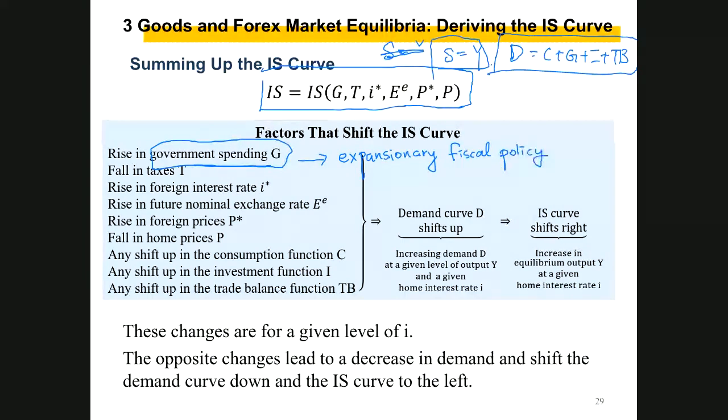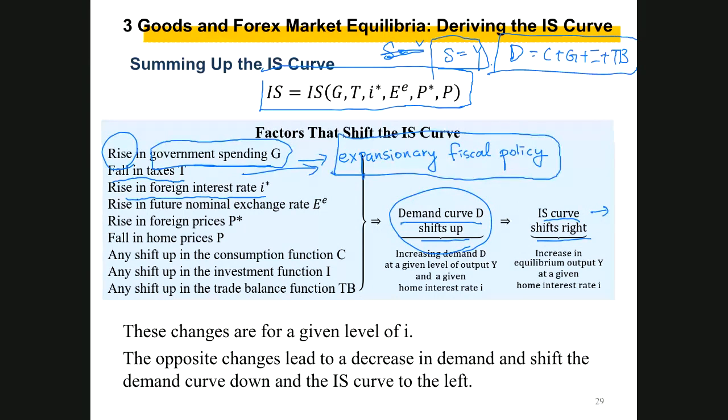Raising government spending will shift the demand curve up, and the IS curve will shift to the right. Okay, so all of these factors, a fall in taxes, a rise in the foreign exchange rate, those two could be categorized as expansionary fiscal policy.